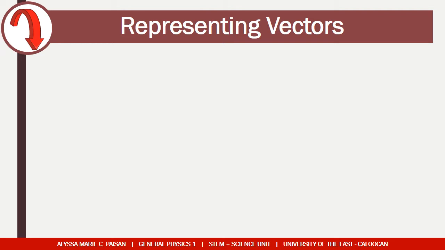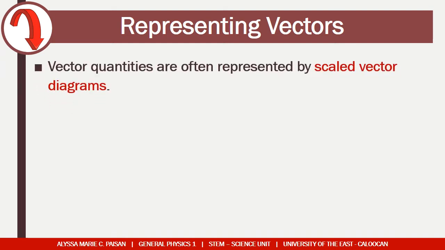Okay, so since the focus of our lesson for today is vector, we're going to discuss how vectors are represented. The first way of representing a vector is using a scaled vector diagram, or in short, a vector diagram.